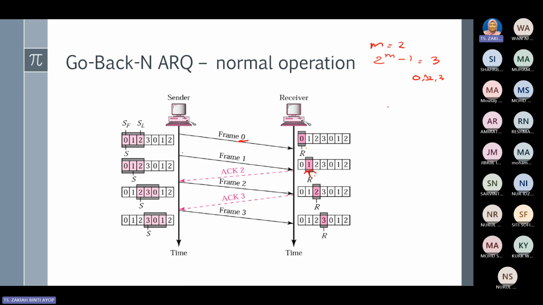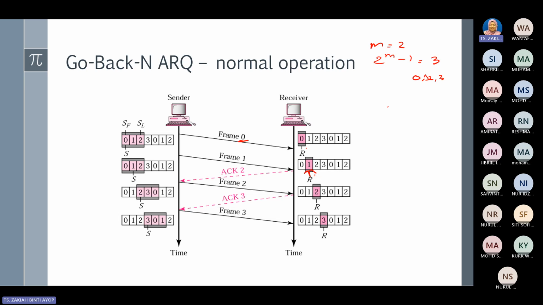So after frame 0 has been sent out, the sender just sends frame 1. And after it received frame 0, the receiver receives frame 1. At this time it should send out an acknowledgement for frame 0, right? But at this time it already received frame 1.